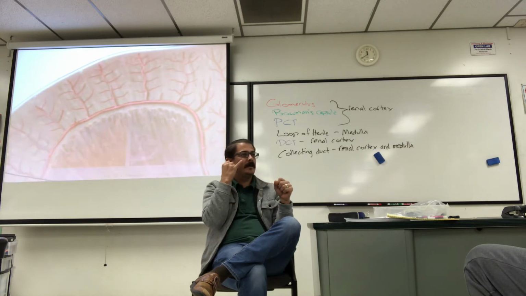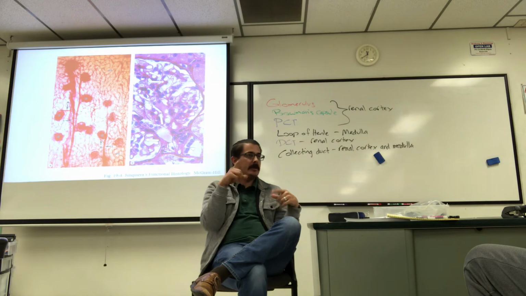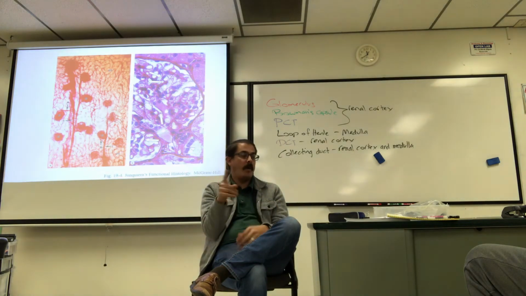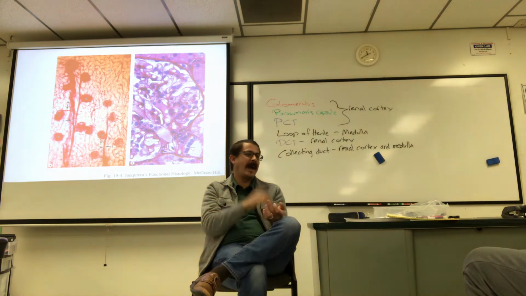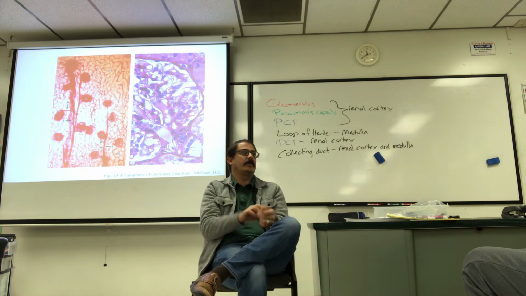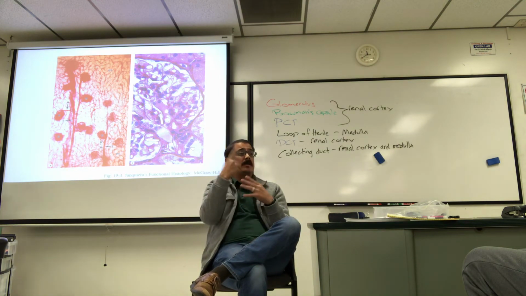Okay, if you look at the real histology there, what do you think the G stands for? Glomerulus. Doesn't it look like a ball of yarn? It really does. It's a capillary bed. It performs filtration. What do you think the A stands for?